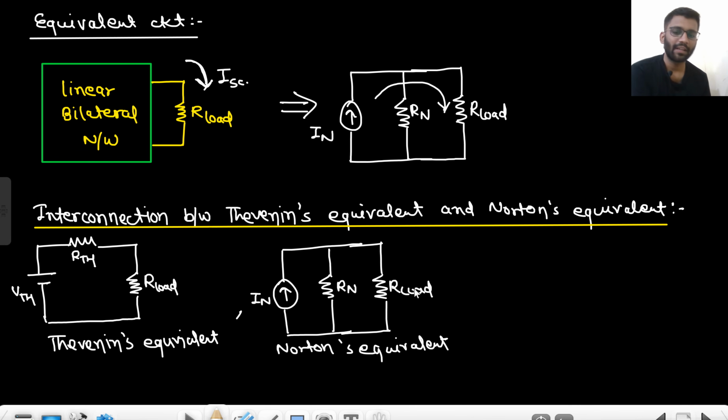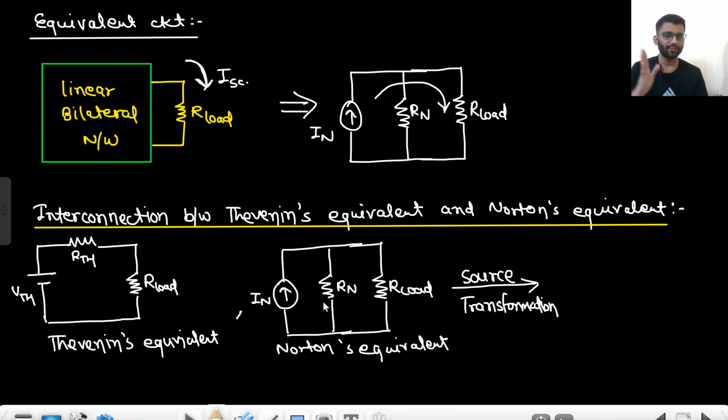Okay. Now in this circuit, I will apply source transformation. So how will I apply source transformation? This is a current source, and in parallel to that there is a resistance. I can replace it with a voltage source, and that voltage source will have a value of IN into RN.